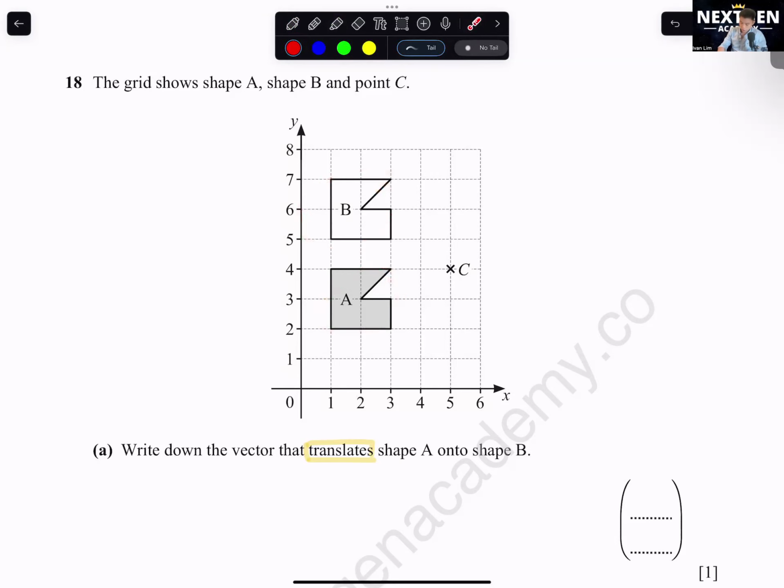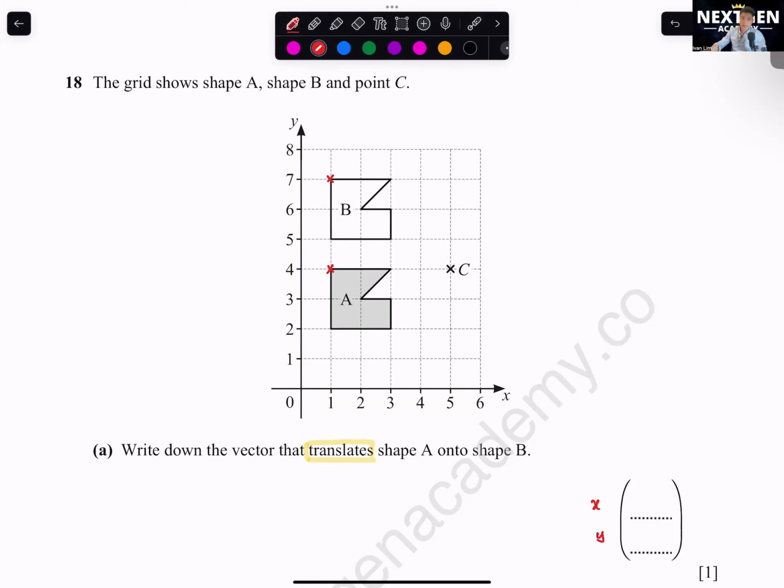To translate means how do you shift it? So you just take one of the points, let's say this point here at the top left. It translates over here, right? So how many in the x direction and how many in the y direction? This is x, this is y.